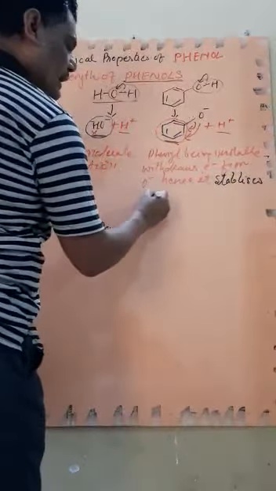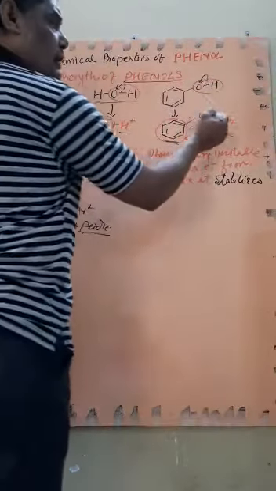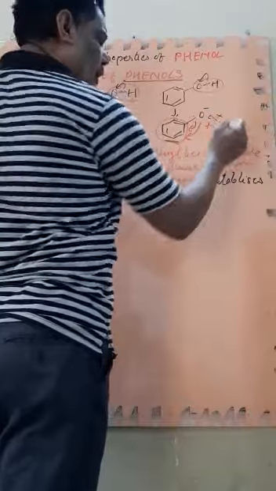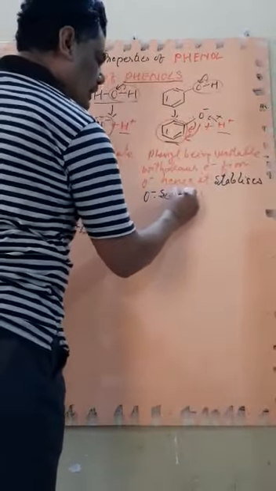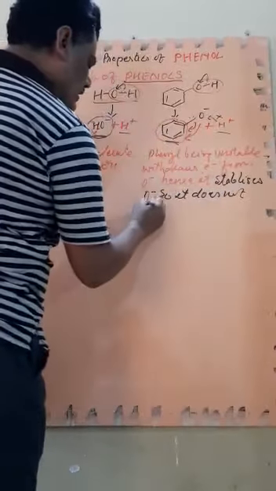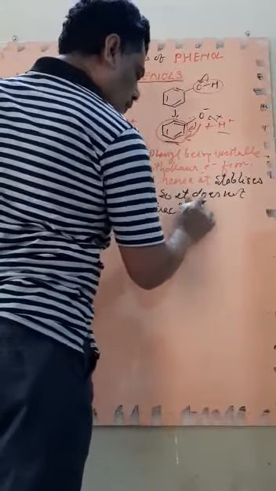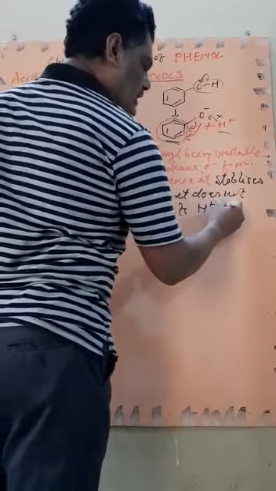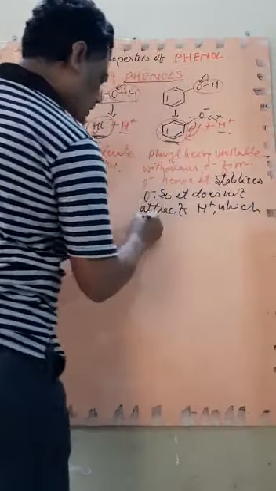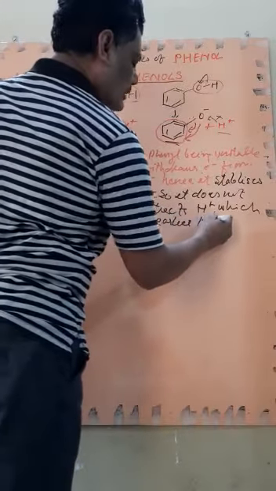Hence it stabilizes the oxygen anion. If the oxygen anion is stabilized, it will not show the tendency to gain hydrogen cation. So it does not attract the hydrogen cation which it earlier lost.